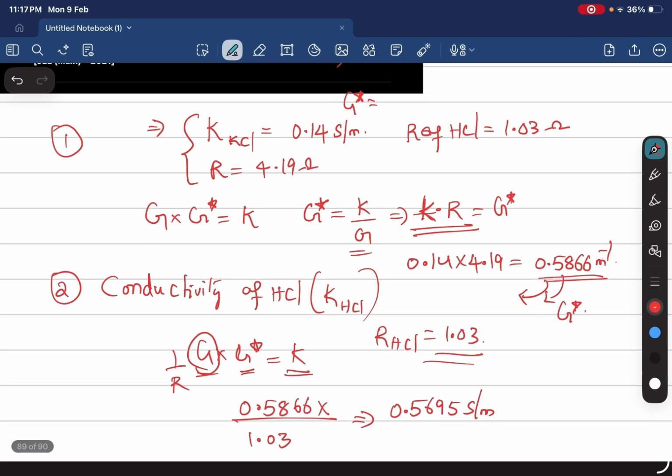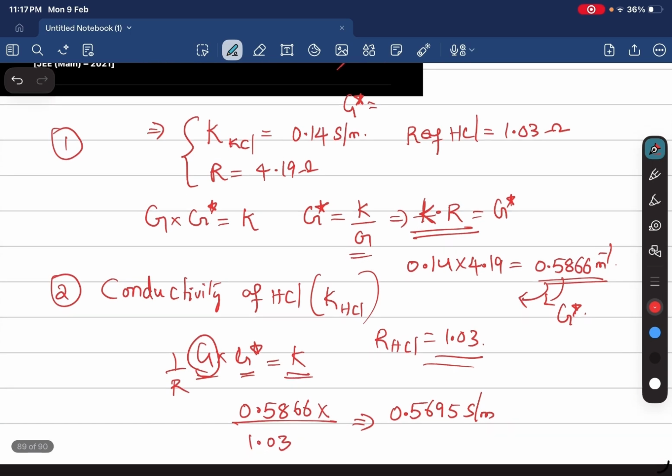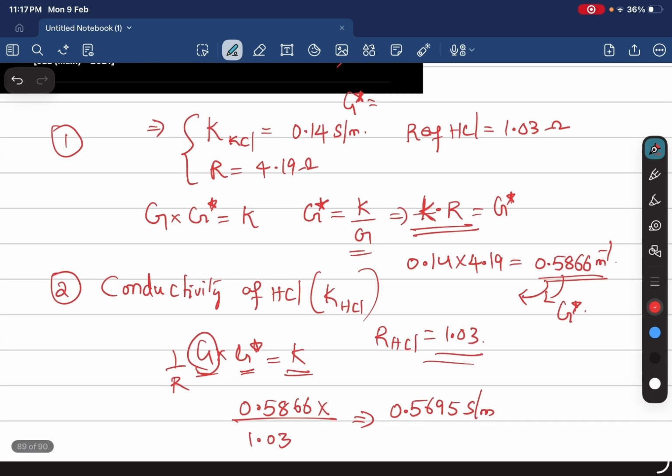Now we have to express it in the particular form, which is x into 10 power minus 2. So if you write this with minus 2, you get 56.95 into 10 power minus 2. The nearest integer to 56.95 is 57 into 10 power minus 2. So the answer is 57. That's how we can do this question.